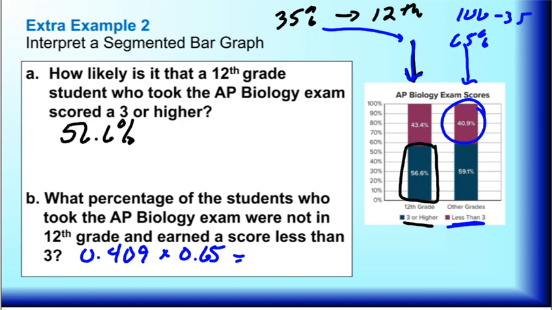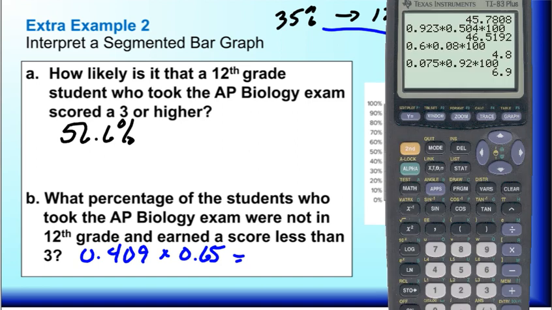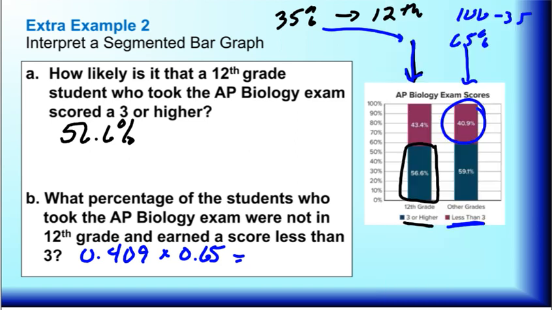So on our calculators, we have 0.409 times 0.65 times 100. This is going to give us, to the nearest 10th, 26.6%. So let me put this times 100. 26.6%.